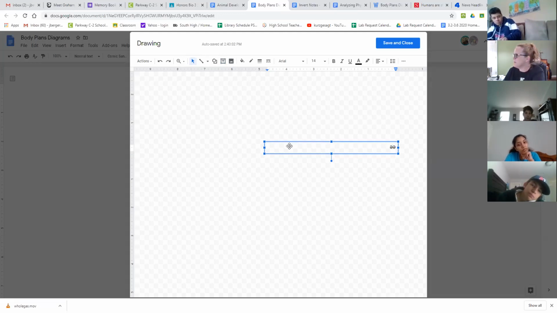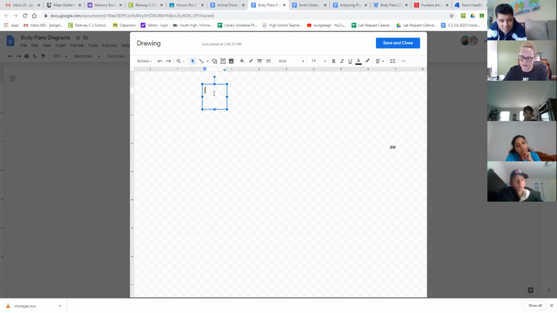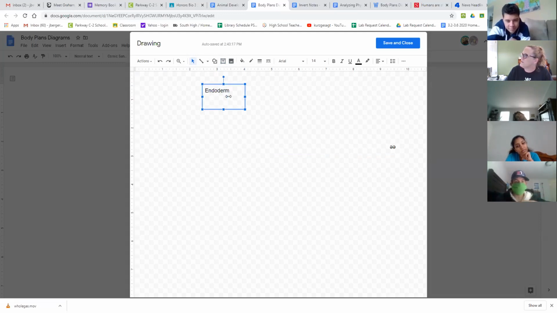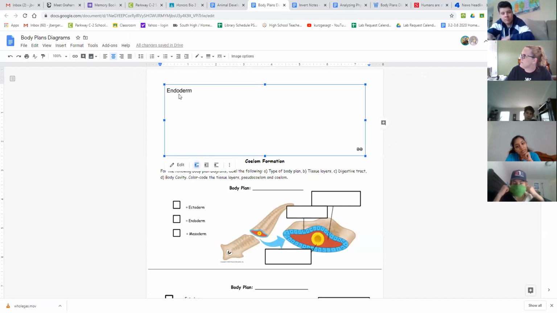Oh, there it is. Ooh, it's upside down. How did I do that? That's crazy. Try that again. That was weird. So I could write endoderm, and I can take these and push it out so it's longer, save and close. And then I could grab this and move it over to the right box.